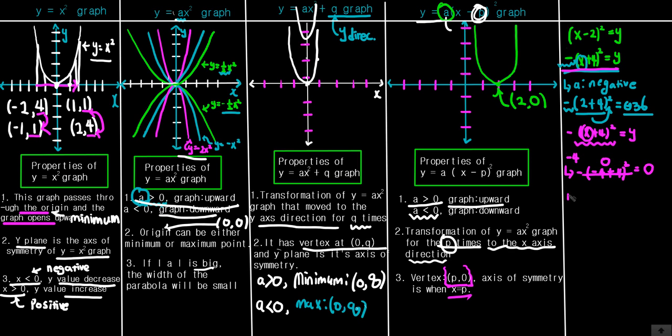So we got a maximum point. The reason it is a maximum point is that if a is positive, it gives a minimum value like the previous term, but it is negative, which means it only contains a maximum point. The maximum point is where the x value is negative 4 and the y value is 0. So if you actually graph it, the maximum point will be right over here.